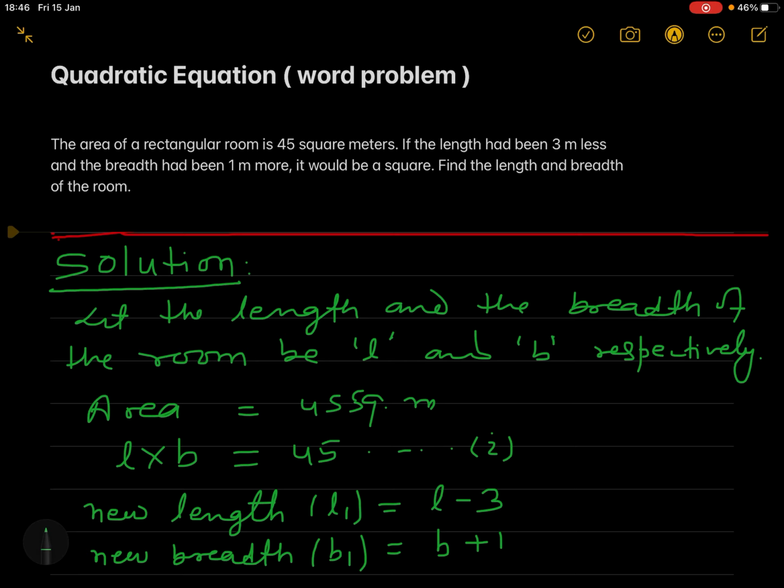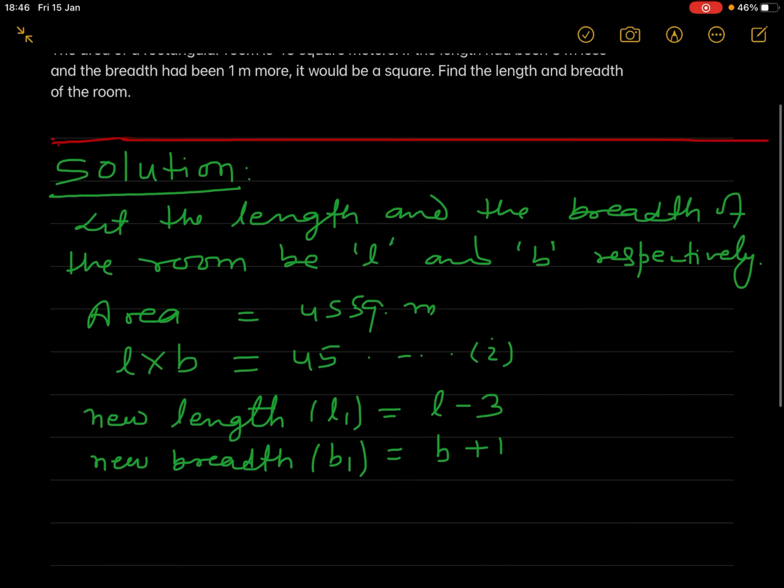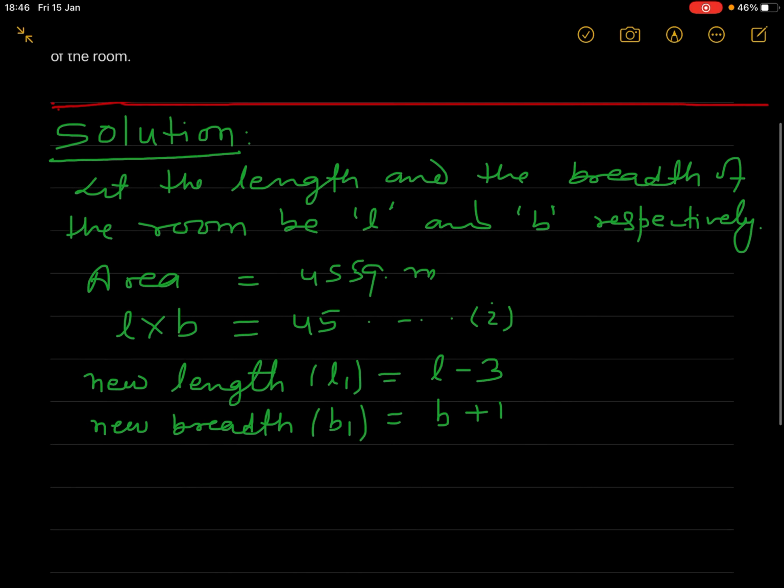Now according to the question, it would be a square. It would be a square means in a square length and breadth will be equal. That's why L1 is equal to B1.